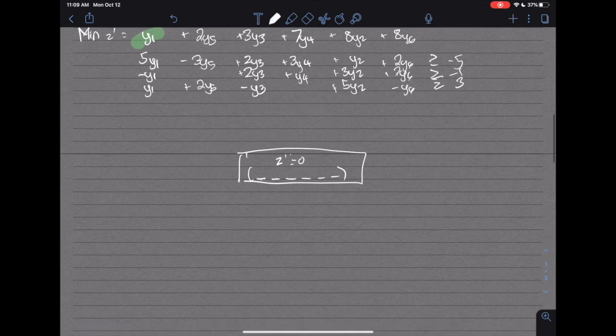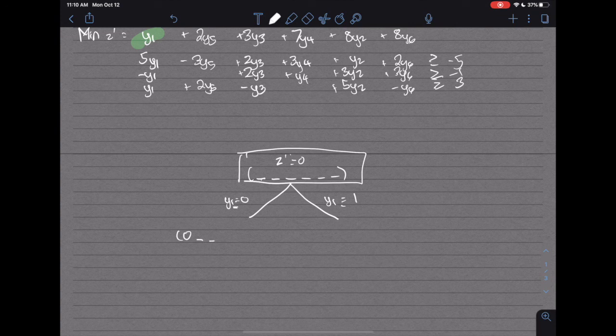Therefore, we branch out that y1 is equal to 0 and y1 is equal to 1. So when I say finalize, since we've already set a value for y1, we will put that in your brackets. So y1 is 0.